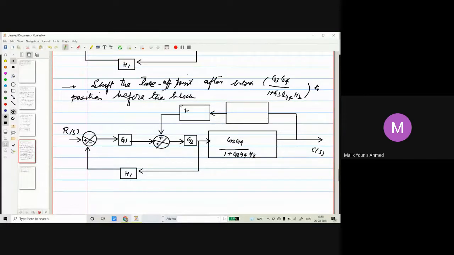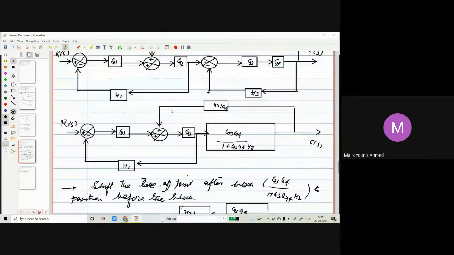H2 divided by G4, we have got this. And this is G3 G4 divided by 1 plus G3 G4 H3.